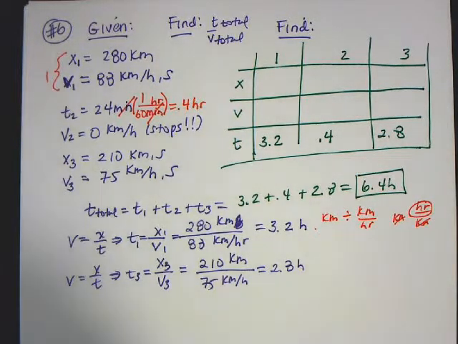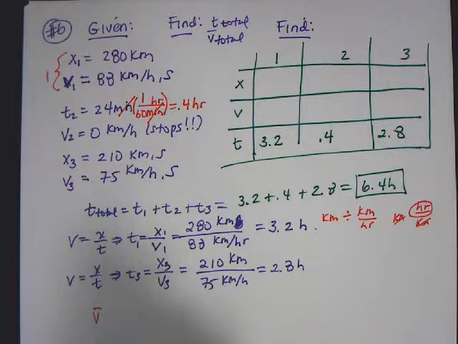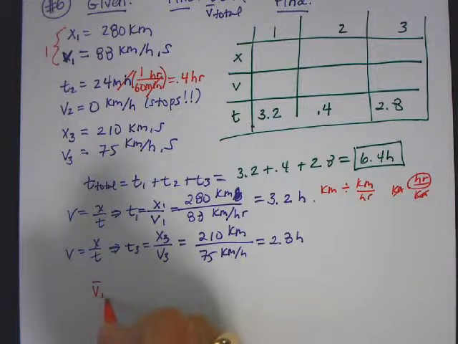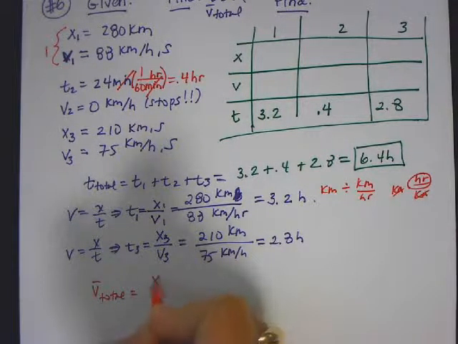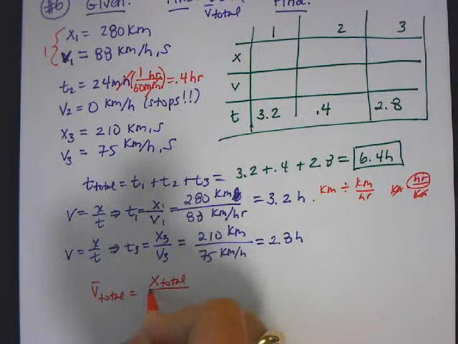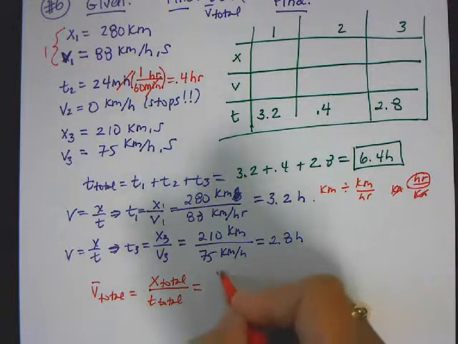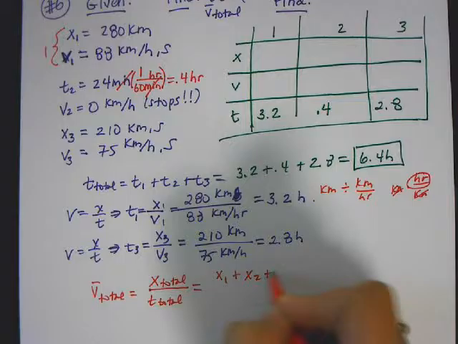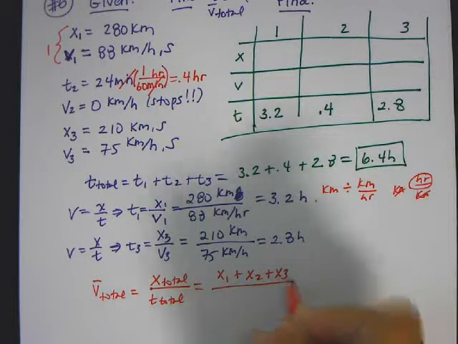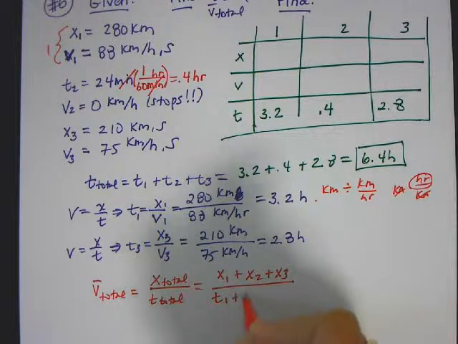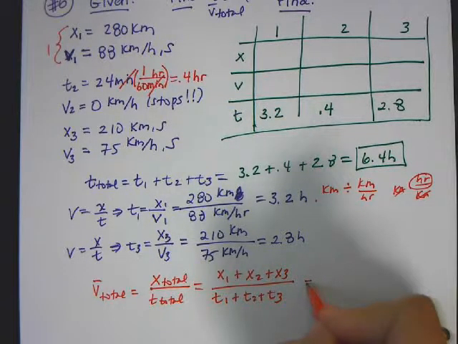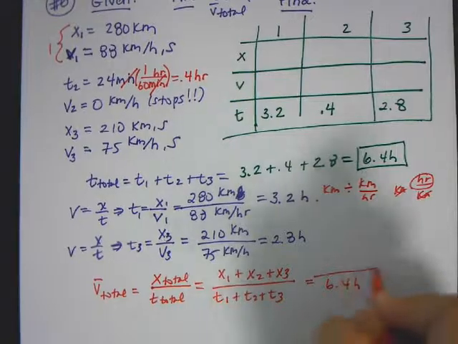Okay, so now the next part says what's V total. So V total is going to be the total displacement over the total time. So that's going to be x1 plus x2 plus x3 over t1 plus t2 plus t3. Now I already found this. I already know this is 6.4. So now I have to find x.